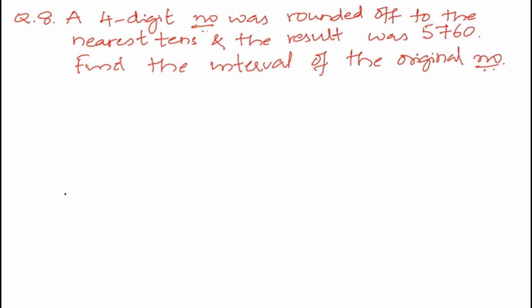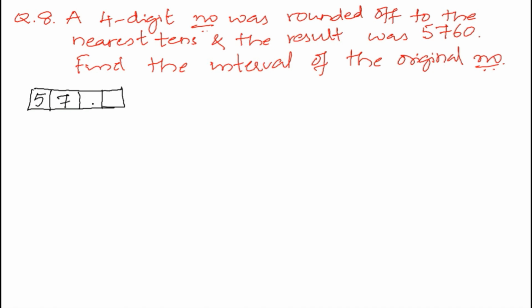When a 4-digit number is there, I will make a box having units place, tens place, hundreds place and thousands place. It is rounded off to the nearest tens, so it gives me a hint that hundreds place and thousands place, the digit will remain as it is.